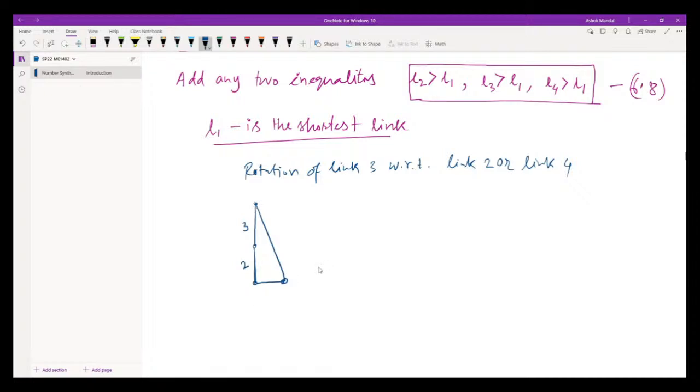So if they are on the same line, then they have to satisfy this relation: L2 plus L3 must be less than L1 plus L4, right? L2 plus L3 must be less than L1 plus L4.